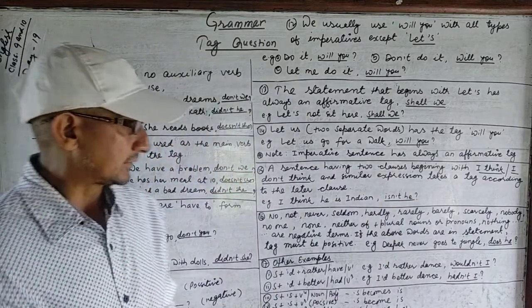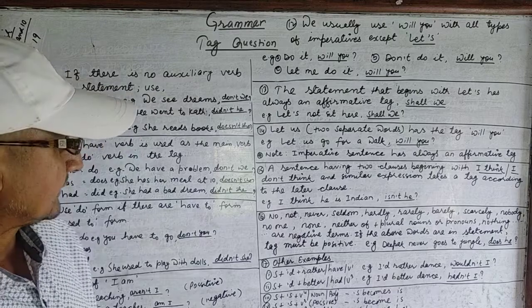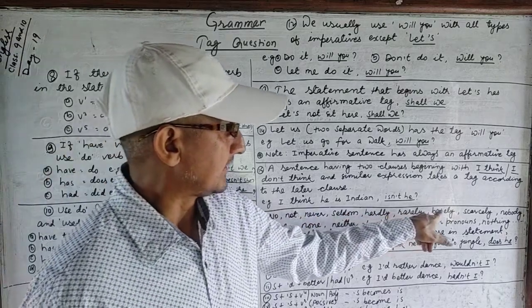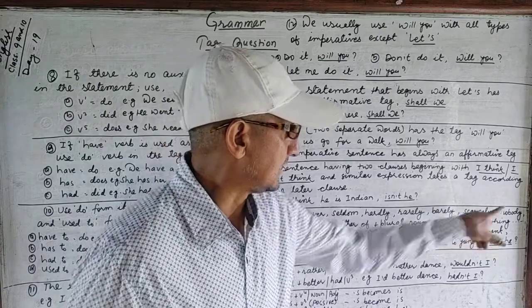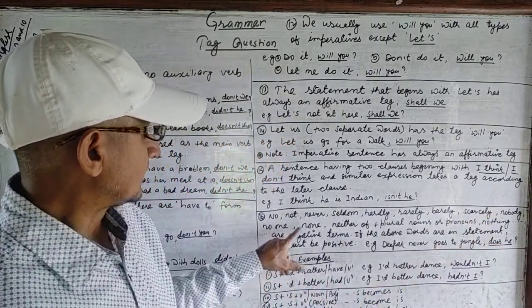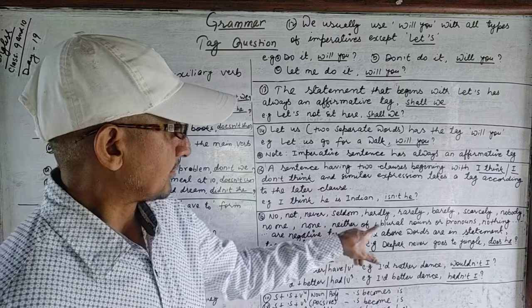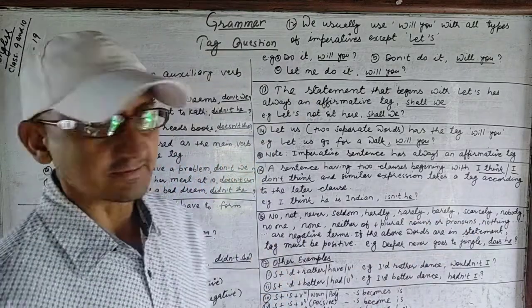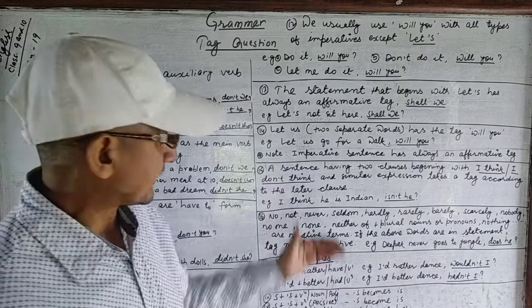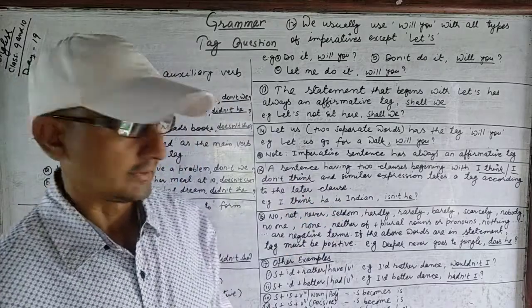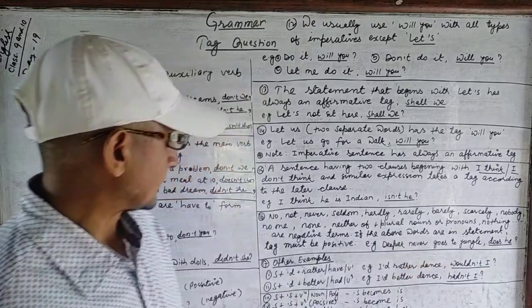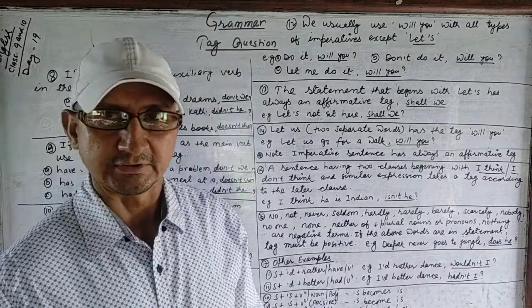Another important rule of tags: no, not, never, seldom, hardly, rarely, barely, scarcely, nobody, no one, none, neither of plus plural nouns or pronouns, nothing are negative terms. These are all negative terms. If the above words are in the statement, the tag must be positive.